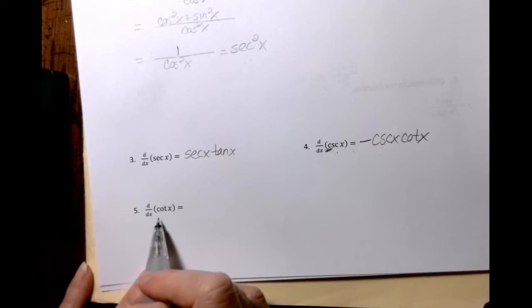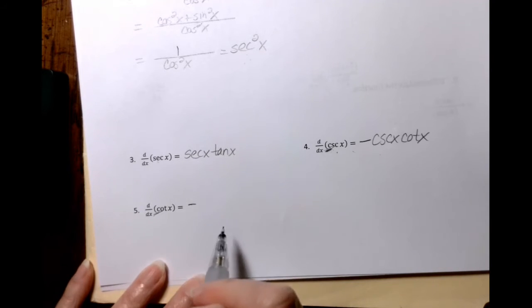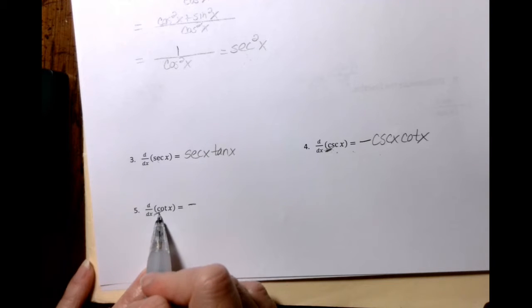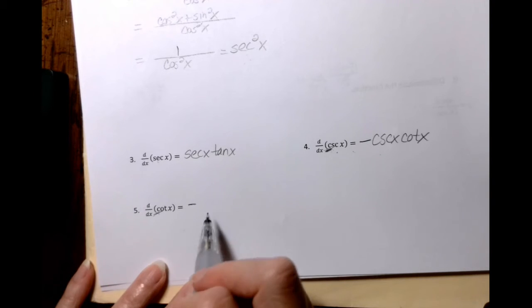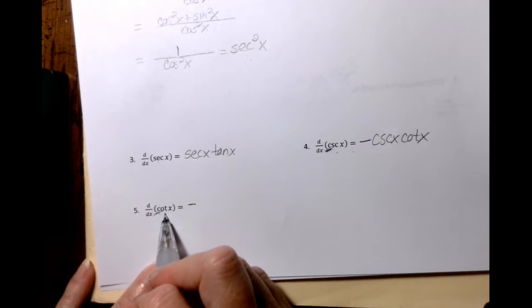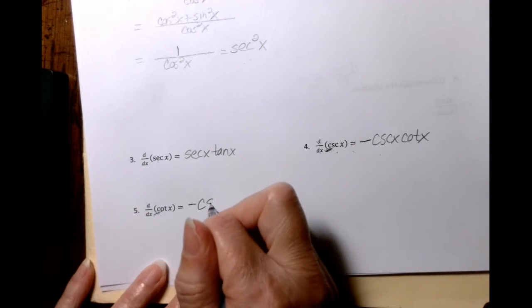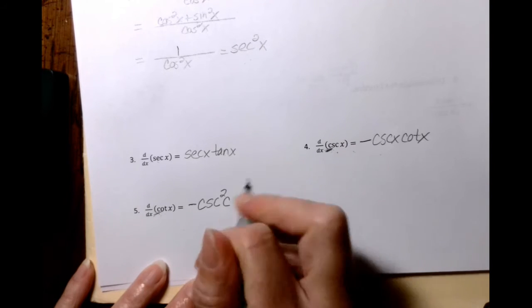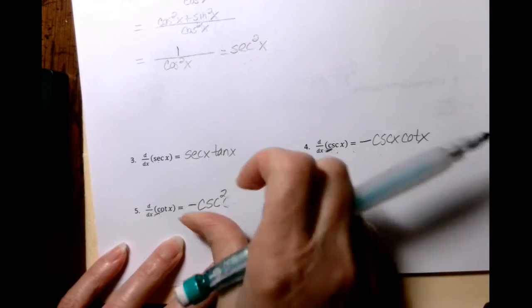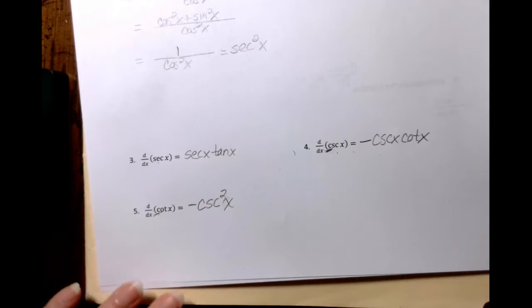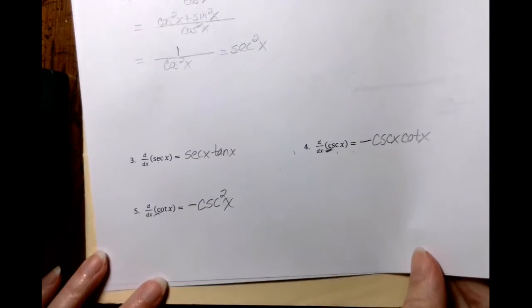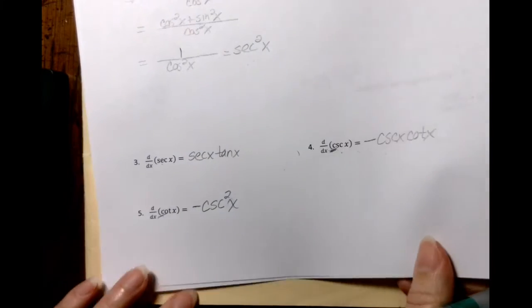And the derivative of cotangent, I see a sea, I'm going under the sea. You can think Little Mermaid, I'd be singing to you in class right now. Negative, and then derivative of cotangent is negative cosecant squared. So these are the 6 trig derivatives that you want to commit to memory.